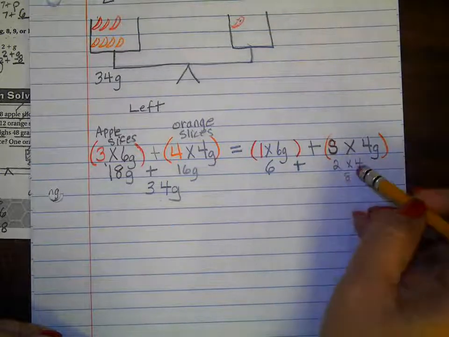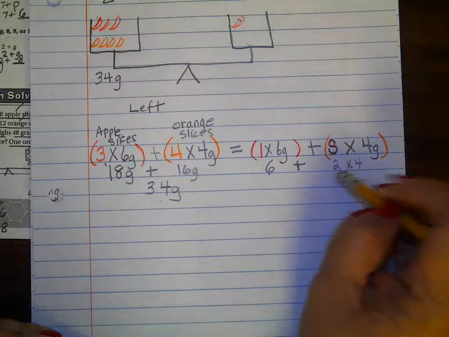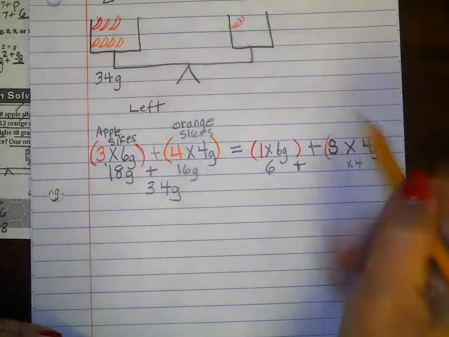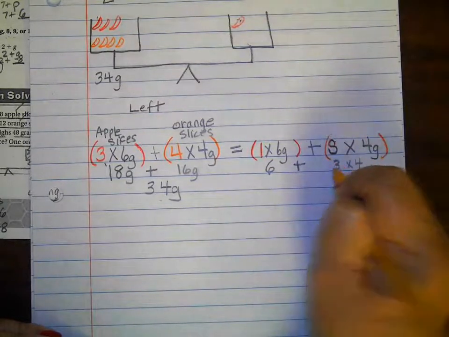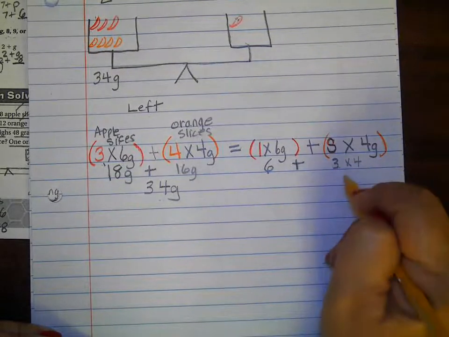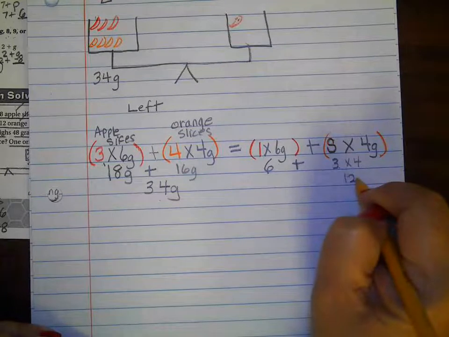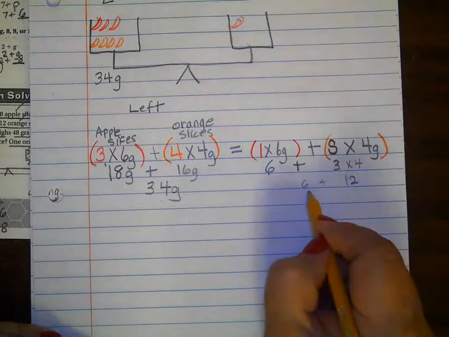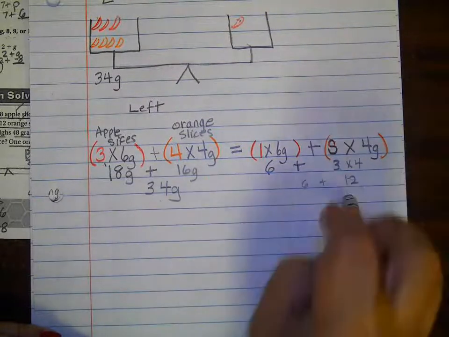Too small. All right, so let's erase that one. What about if I had 3 orange slices? 3 times 4 grams each, that's 12. 12 plus 6, that doesn't work, that's only 18.